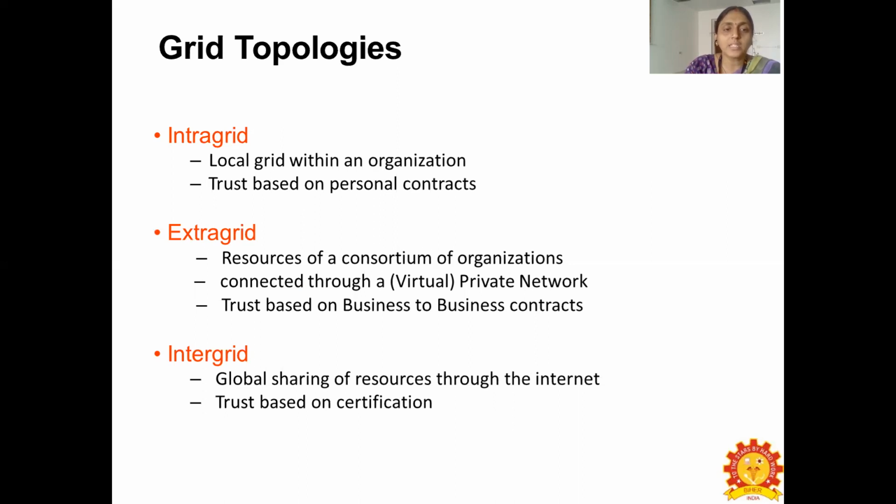An extra-grid is connected through a virtual private network, and here the trust is based on business-to-business contracts. And at last, the inter-grid topology, where global sharing of resources is done through the internet, and here the trust is built based on certification.